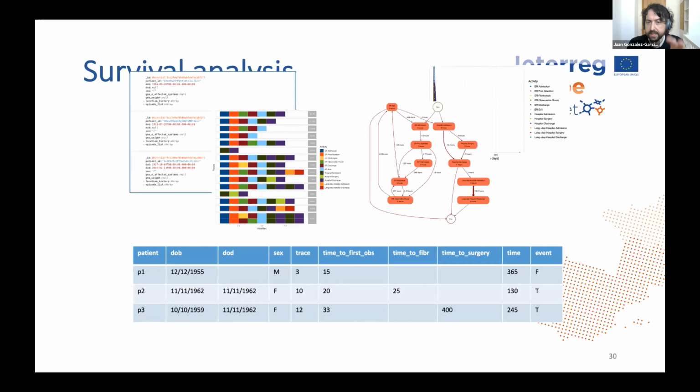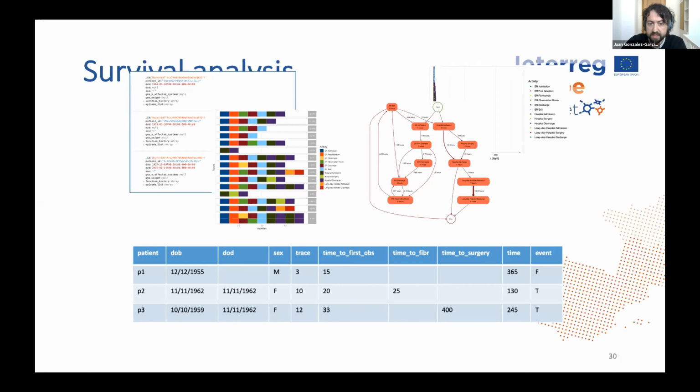And then perform a survival analysis where you take into account both the time to the different critical activities, for example, the fibrinolysis or some of the surgeries, and also the traces patients underwent.